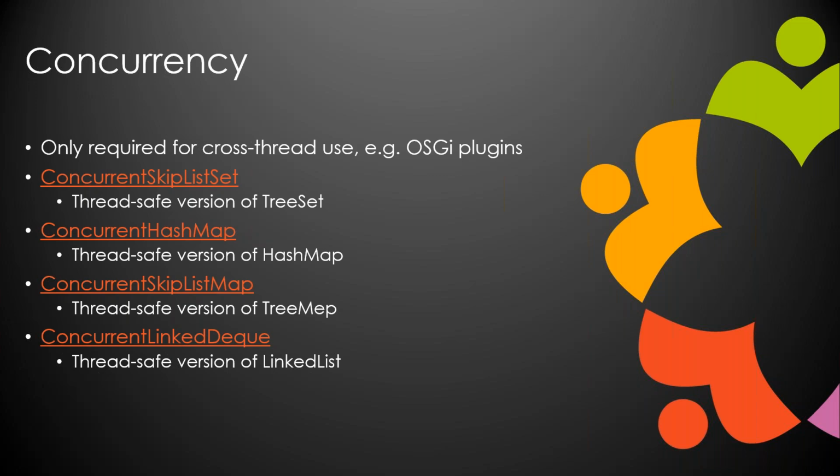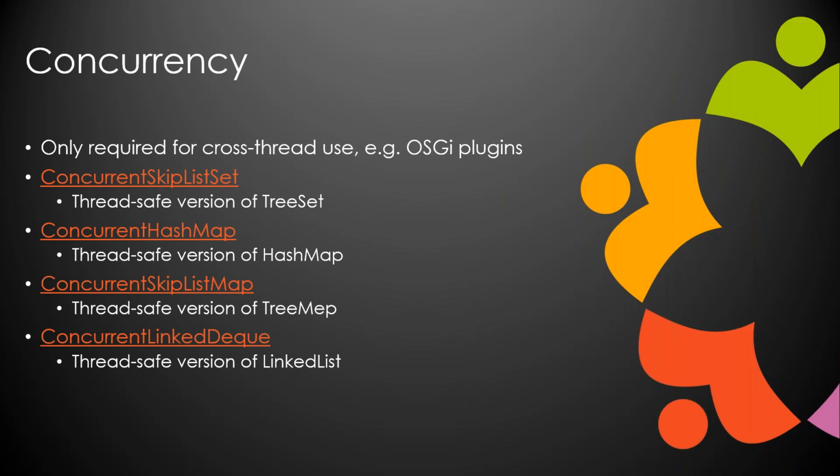Concurrent hash map, that's the equivalent of hash map. Concurrent skip list map, like the skip list set, is the equivalent of tree set. Skip list map will be the equivalent of tree map. And concurrent linked deque is the thread safe version of the linked list.